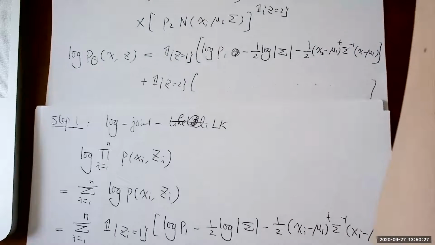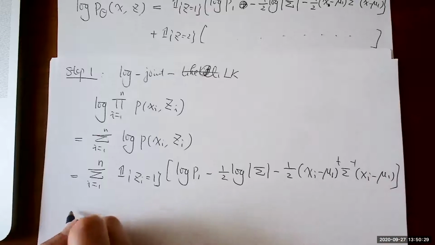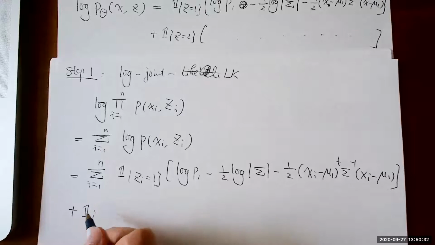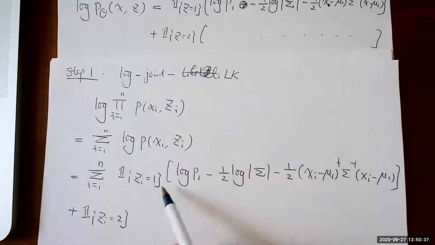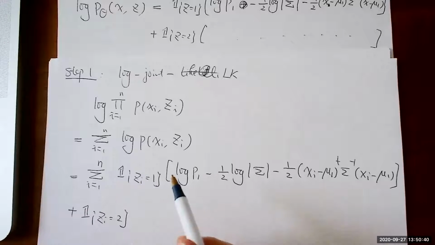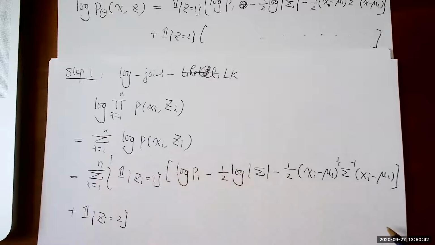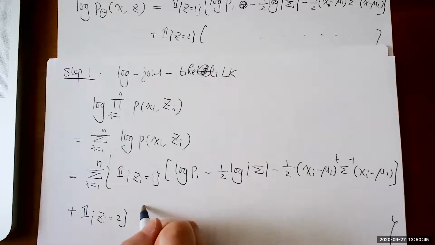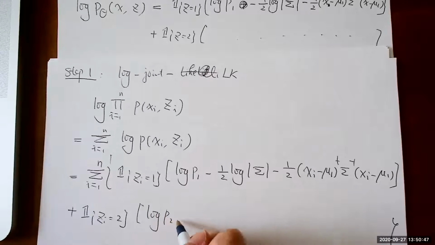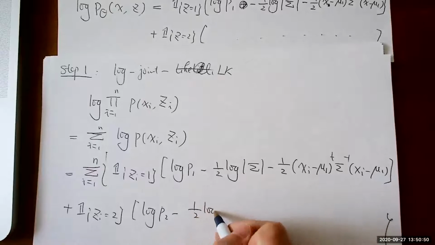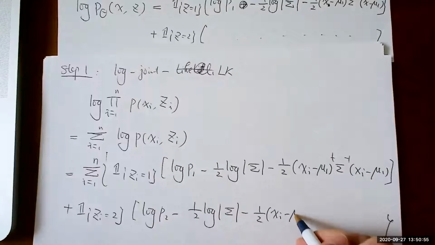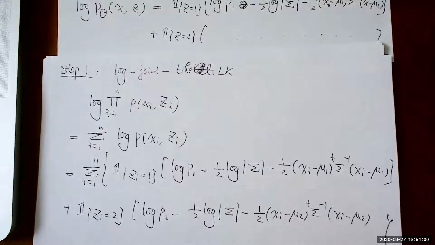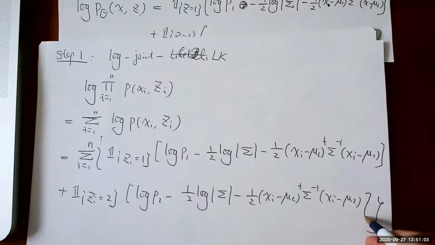I also have to do this summation where the indicator is zi equal to 2. So this is a summation on both of them. And that is times log p2 minus a half log determinant of sigma minus a half (xi minus mu2) transpose sigma inverse (xi minus mu2).